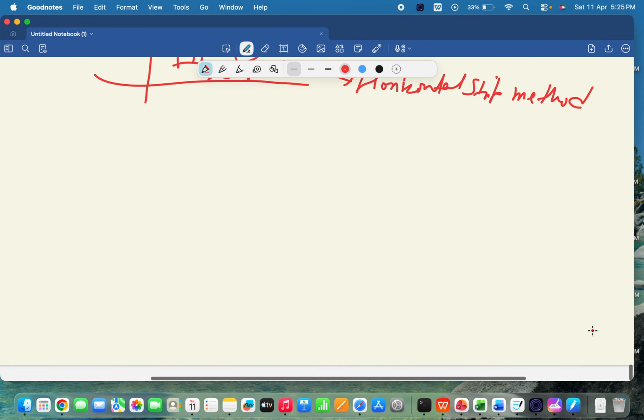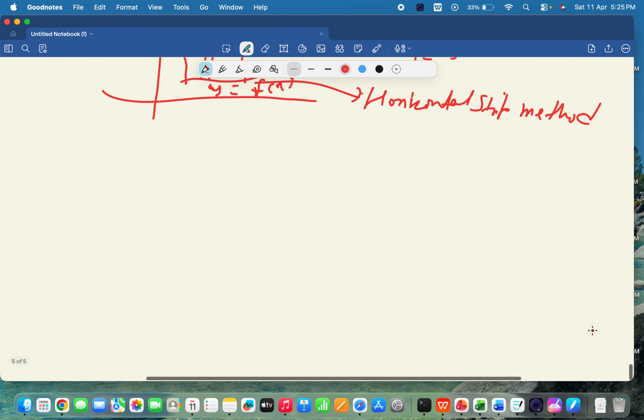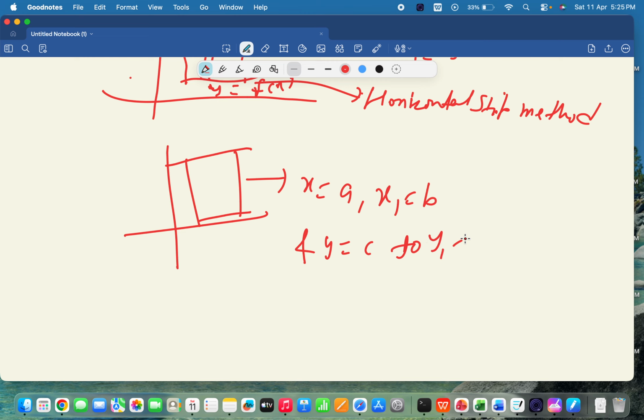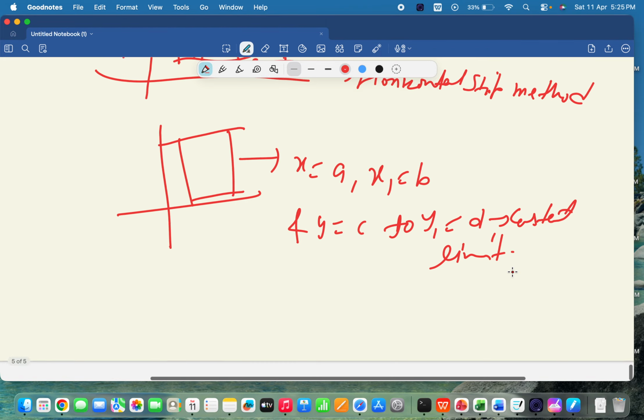And first, when we have a simple line equation this way, then x is equal to a and x1 is equal to b, and y is equal to c, y1 is equal to d, this is a constant limit.